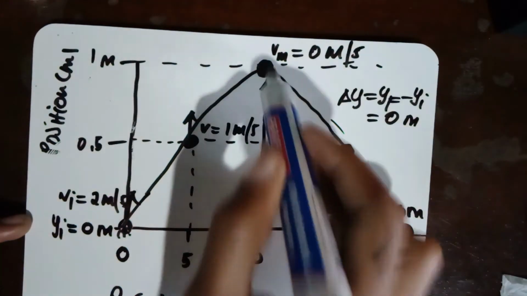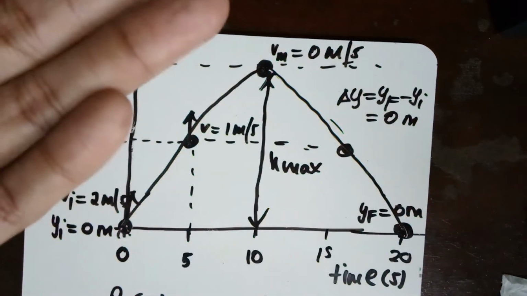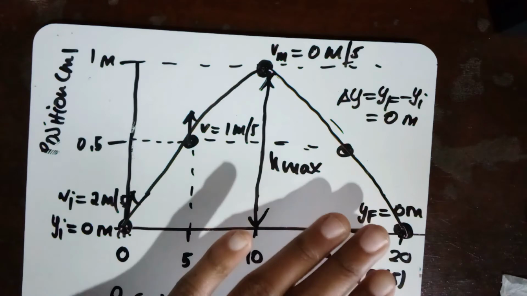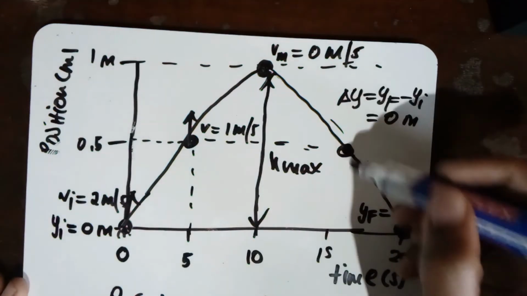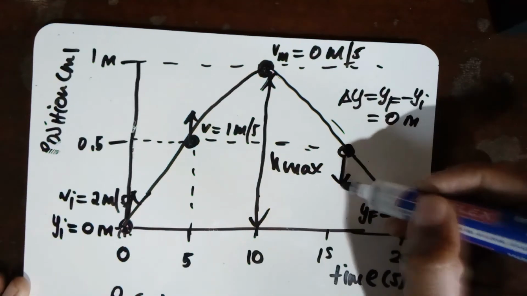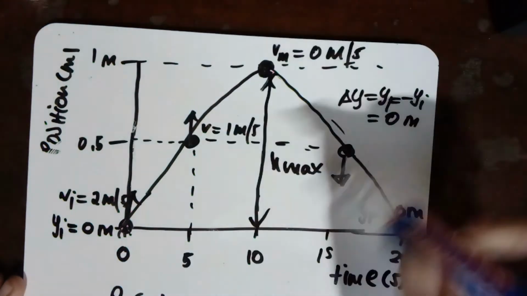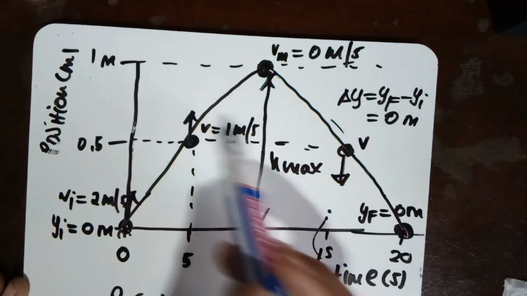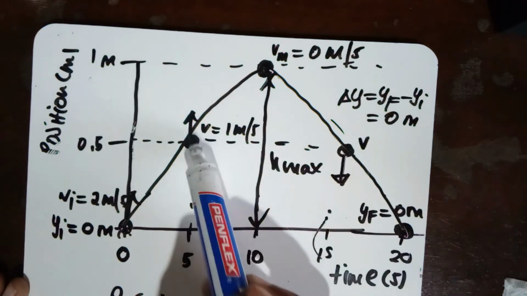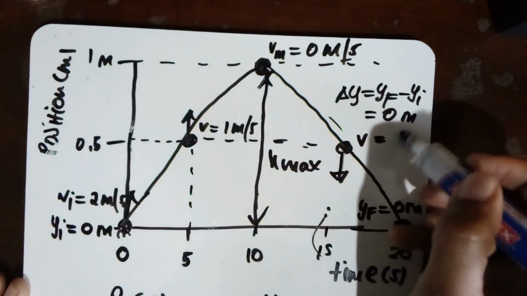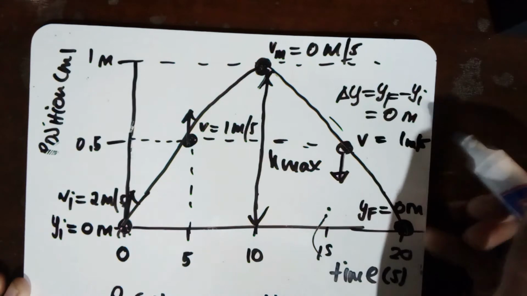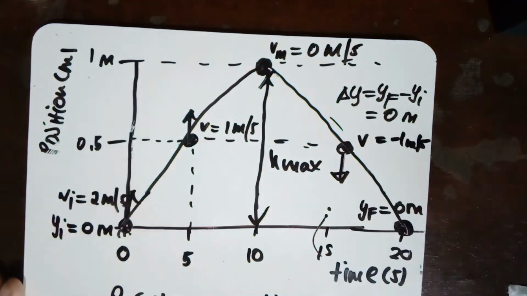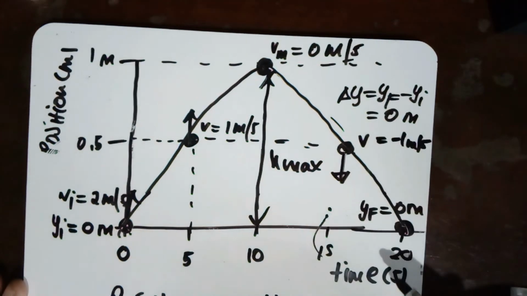And then here finally it's at 0, it stops, and then it falls back down. Now it's falling down, so the velocity is down. So the magnitude of the velocity here will be the same as this one. So it's going to be 1 meter per second, but the direction will be reversed. And to show that, we put negative, so it's going to be negative.